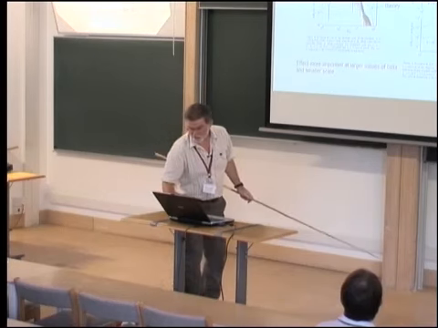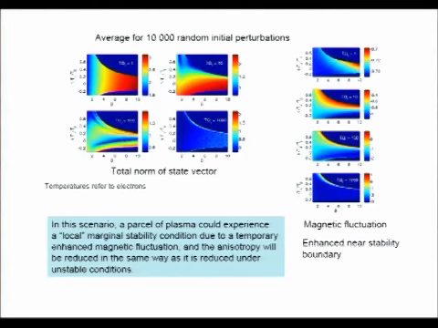And if you look at what happens now in a plot similar to the ones that were plotted this morning, except that it's for electrons here. So here is 1 minus T perp over T parallel of the electrons as a function of beta.